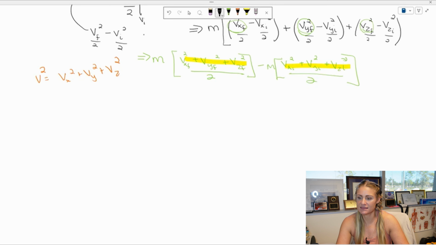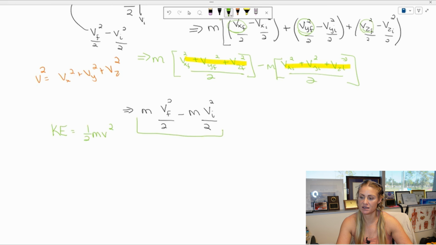So I can say that this is m v final squared divided by 2 minus m v initial squared divided by 2. And we know that kinetic energy is 1/2 mv squared. So this is a change in kinetic energy.